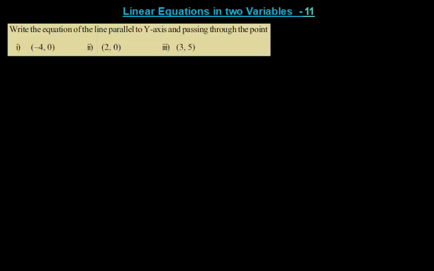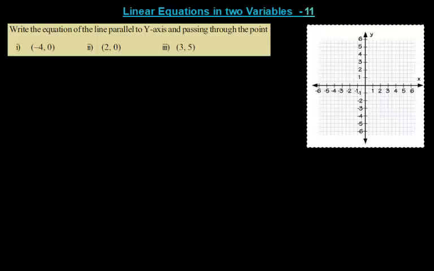Now, let us take a graph paper and understand this concept. We know that the equation of x-axis is y is equal to 0 and that of y-axis is x is equal to 0.